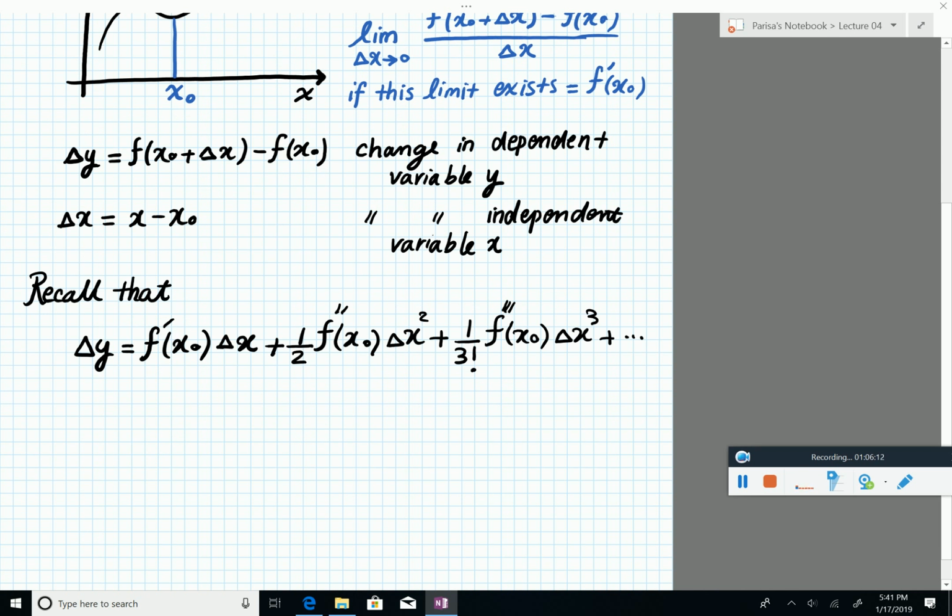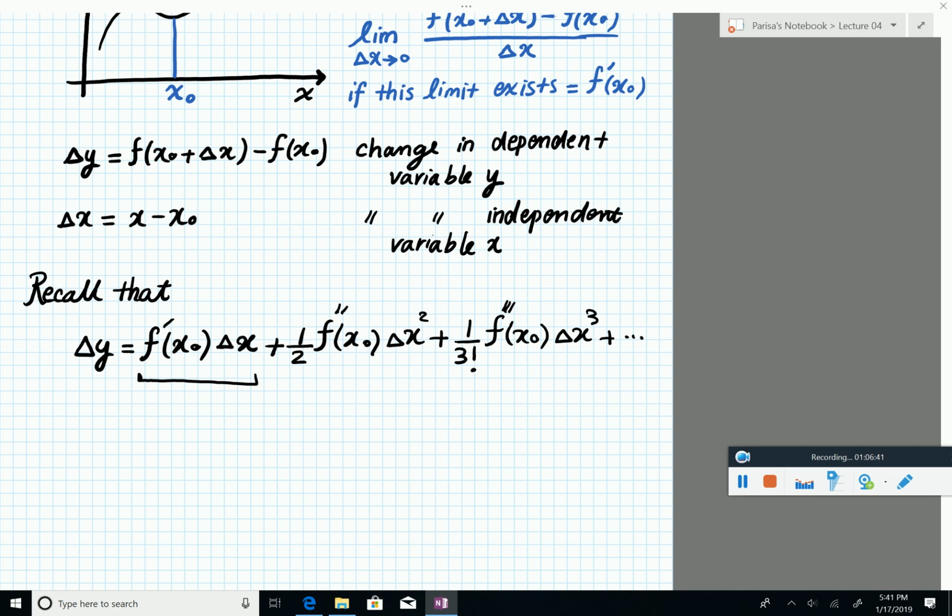This is Taylor series expansion. Now, only this part, what do we call it? It is the portion of the change in the dependent variable y which is linear in what?